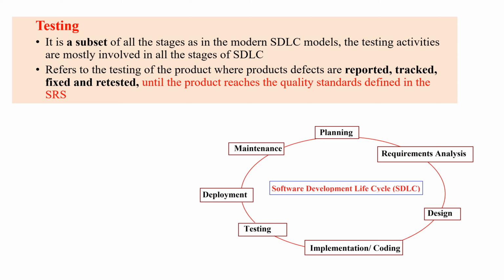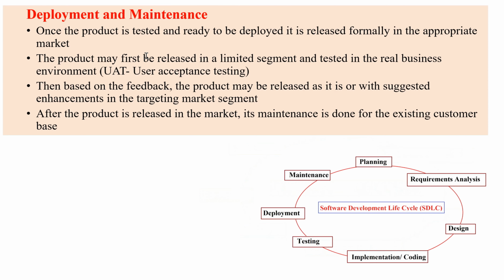Once the testing is complete and the product reaches the quality standards according to the SRS document, the software is ready to deploy. So what comes in the deployment stage? Once testing is done and it is ready to deploy, it is released formally in an appropriate market. There they do UAT, user acceptance testing, and based on the feedback of the user acceptance testing, the product may be released as it is or with suggested enhancements in the targeted market segment.